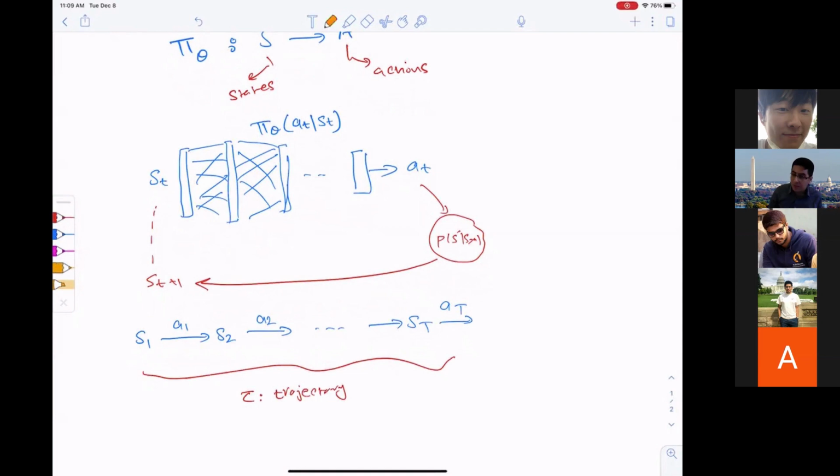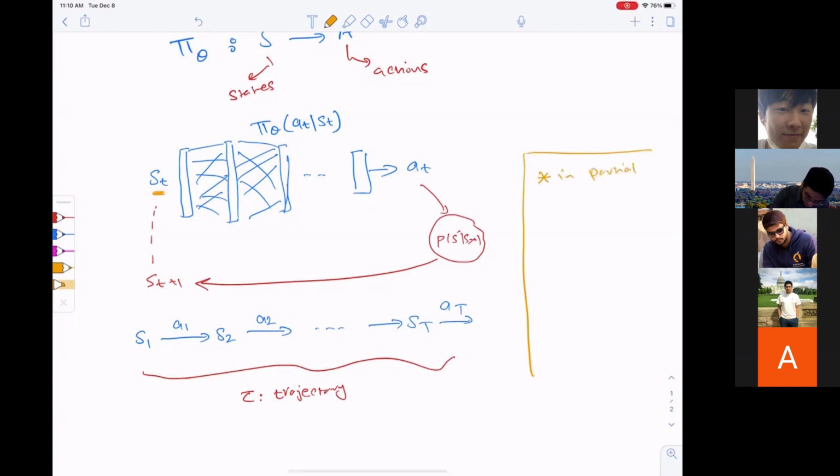So one note I want to make here is that here the policy function depends on the state. But in some applications, you may have partial observations. And in those cases, your policy function would input that observation and then output your action. I just want to make that remark here.